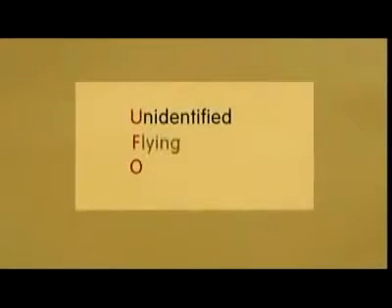UFO stands for Unidentified Flying Object. ASAP means as soon as possible. Other common abbreviations are PC for personal computer, TV for television, and CD-ROM.